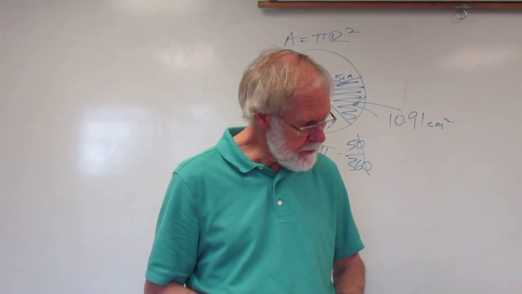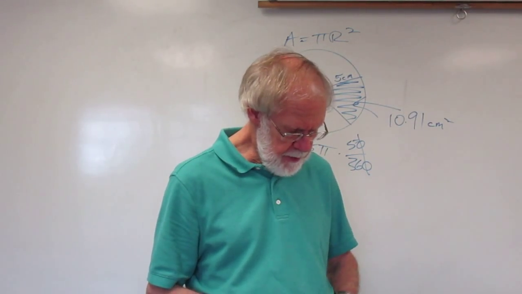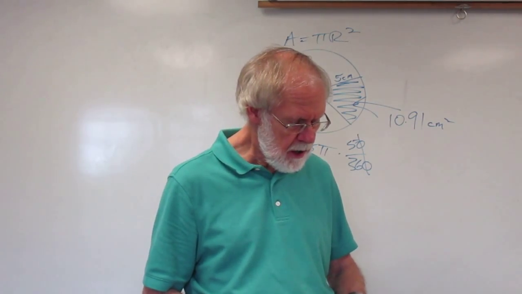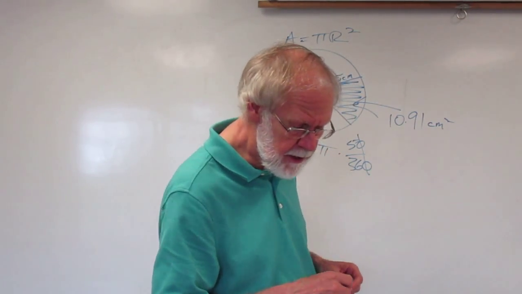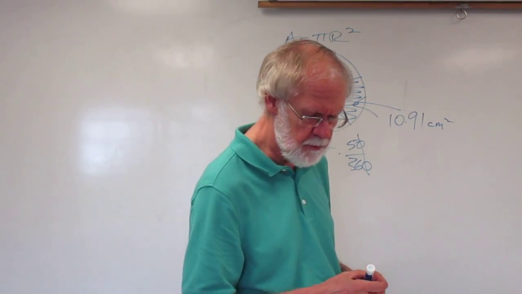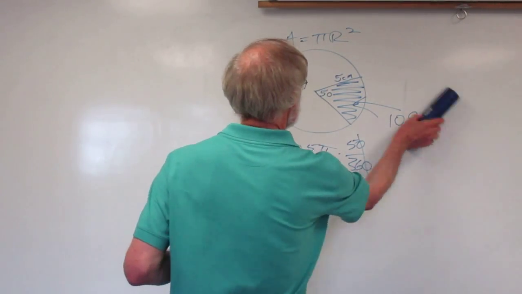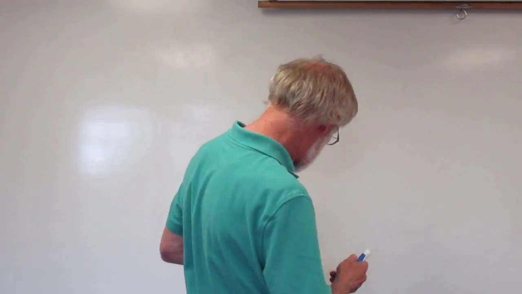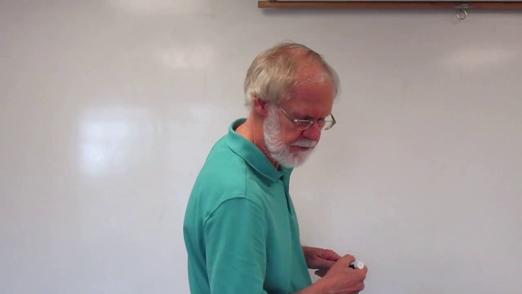I believe that may be all we need to cover here. There is another problem type that is a little bit more complicated. Why don't we take a look at one of these? These are kind of interesting.